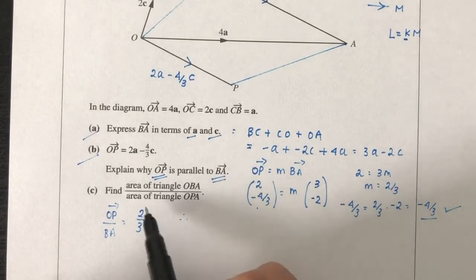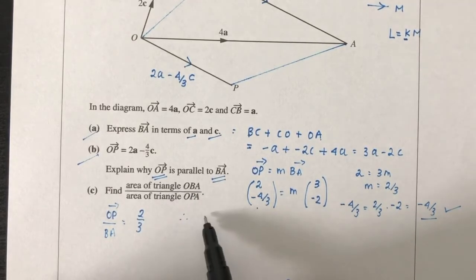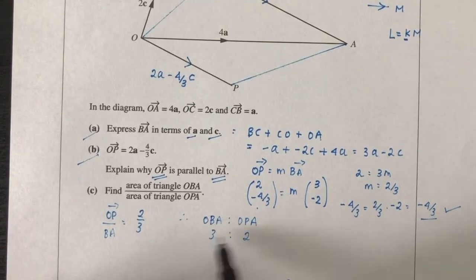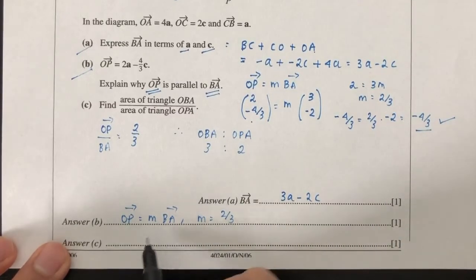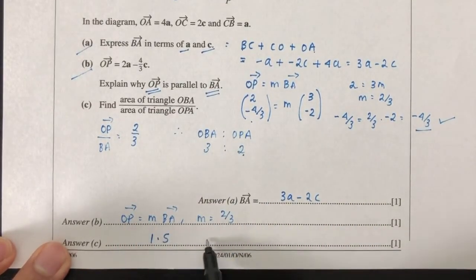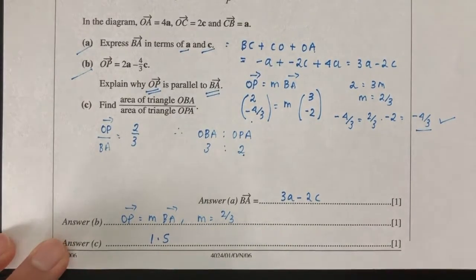So the ratio of the area of OBA to OPA, this is 2 and this is 3, the ratio is 3 to 2. That's the ratio. So 3 divided by 2 will be 1.5. That will be your answer for part C.